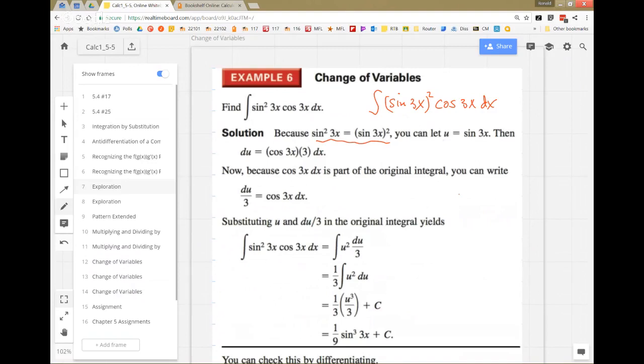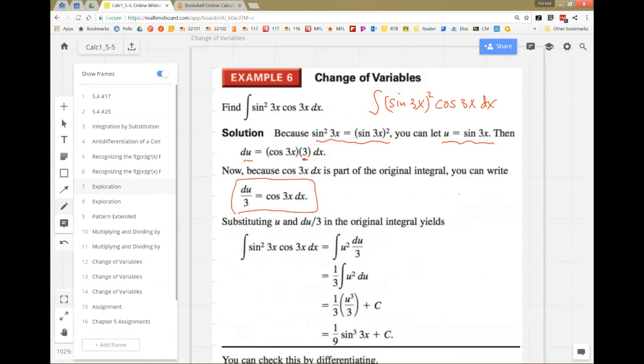So that's what we're going to have be our u. That inside function, u, is the sine of 3x. And then if you do du, you take the derivative of that, you're going to get the cosine of 3x. Oh, and then there's a chain rule. You've got to multiply by 3. So here's what du is. We can divide both sides by 3 and come up with this.